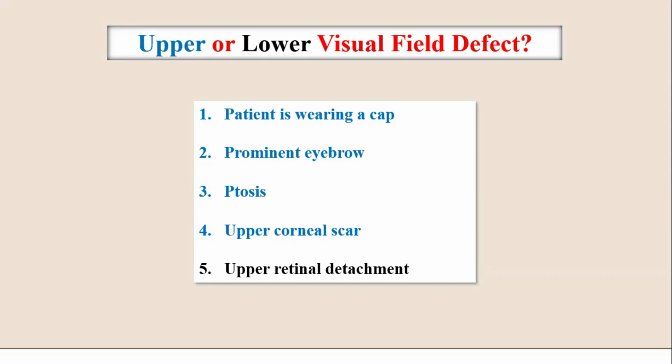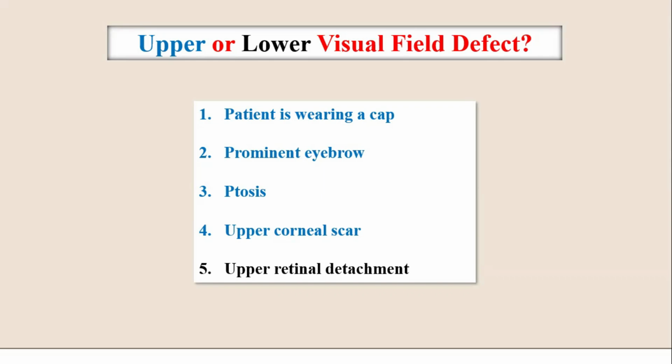Imagine they brought you a patient in the neuro station wearing a cap. It's like wearing spectacles. The patient should take off the cap and the spectacles in order to avoid fictitious or false visual field defects. See how simple, basic information might help you perform the test properly and avoid unnecessary silly mistakes.